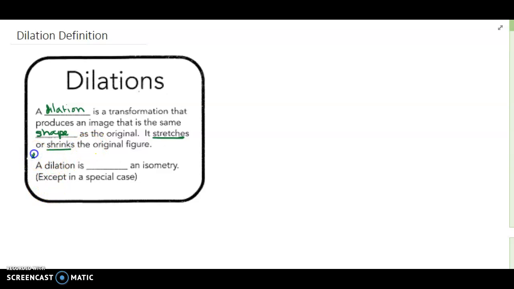So I'm going to put here, it makes things bigger or smaller. A dilation is not an isometry or not a rigid motion. So we do not produce congruent figures. What we call them are similar figures, and we'll really go over that in next chapter.